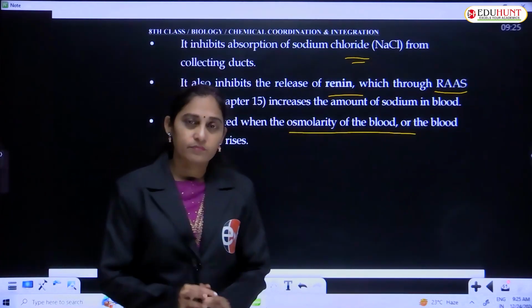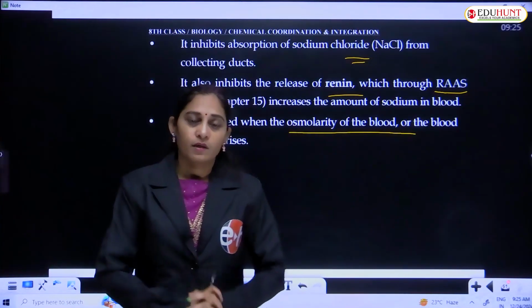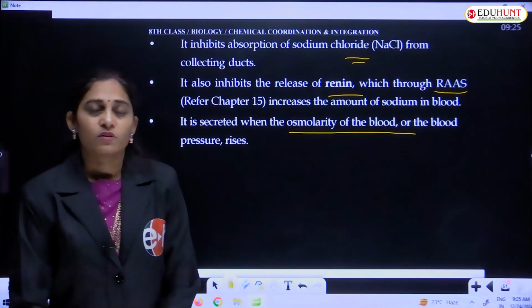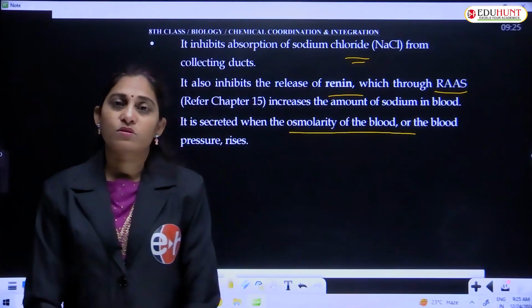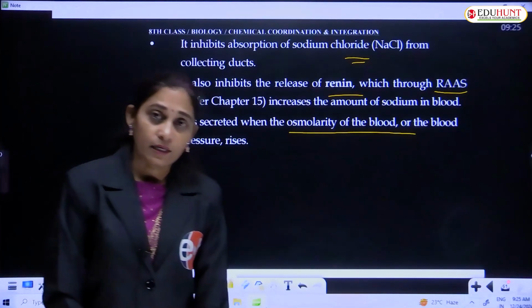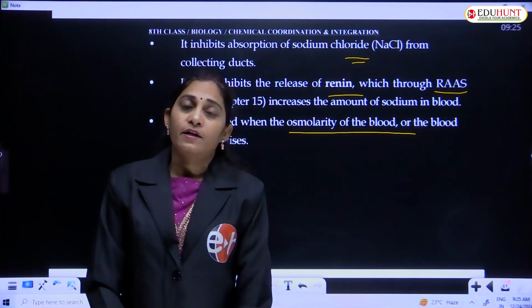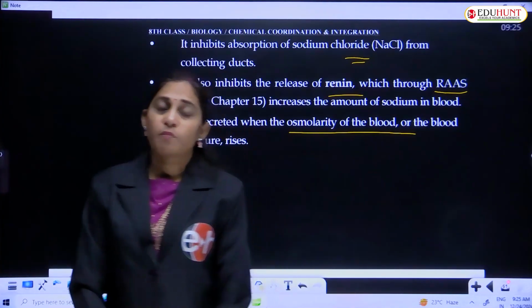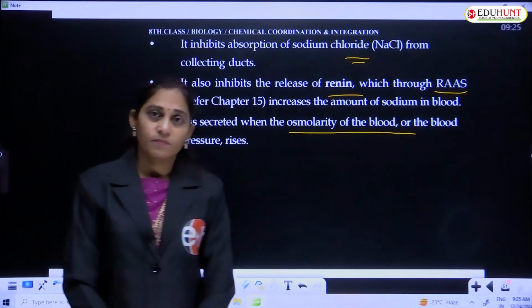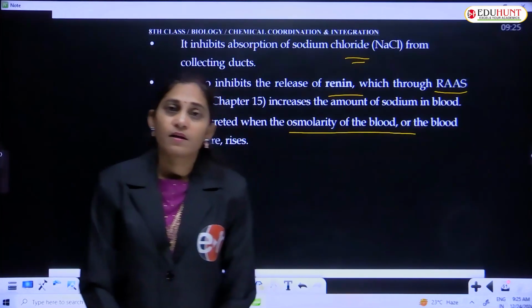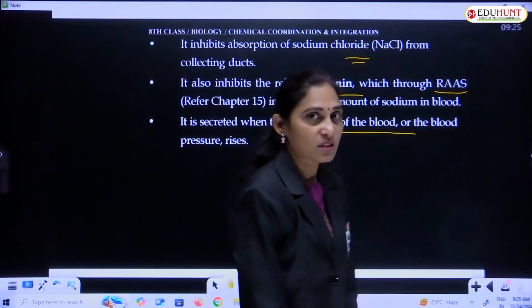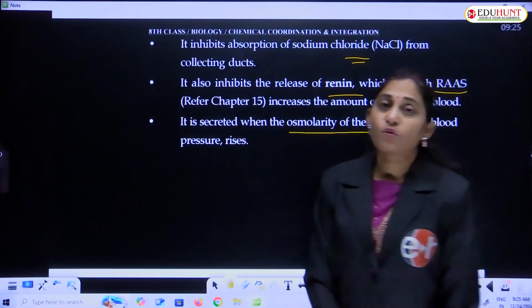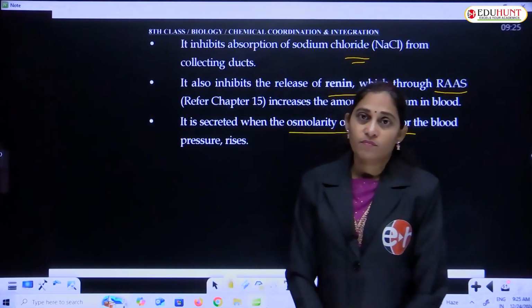On the whole, now we have finished the total hormones, total glands, and also the hormones produced by these glands. Glands are the structures which are responsible for secretions. They control the bodily functions.